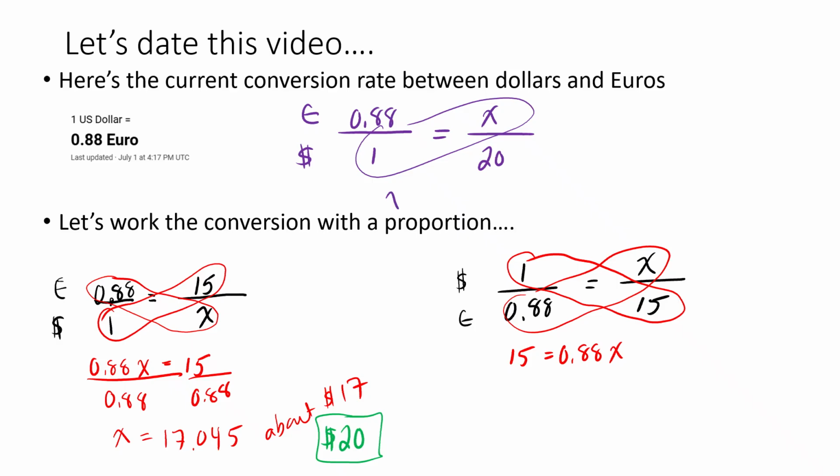So 1 times x is just x, and then multiplying this way, 0.88 times 20, and I kind of did this on the spur of the moment, so I don't know exactly what that is, but we can find out. 17.6. And that would be euros. And so that's what my $20 would give me on that.